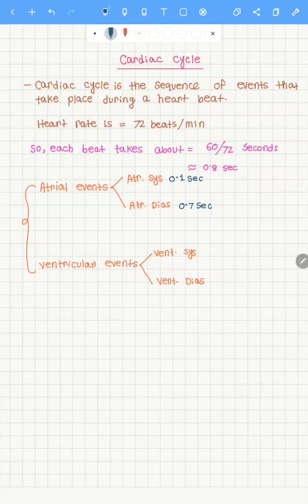And the ventricular systole takes 0.3 second, and the ventricular diastole has to take 0.5 seconds, because both of them make up 0.8 seconds. If you look at the time carefully, you will see that the atrial events and ventricular events must overlap, right?